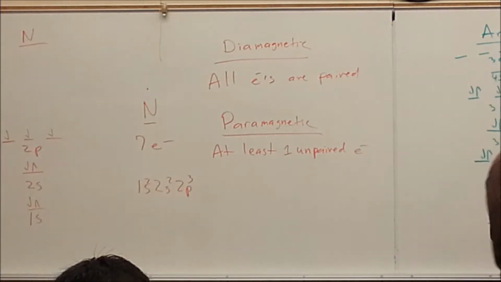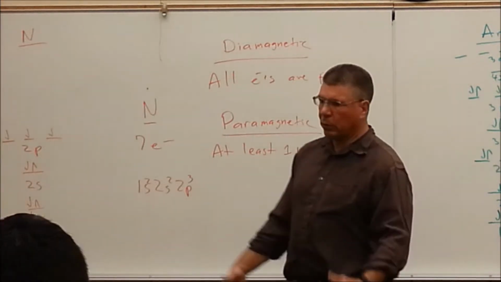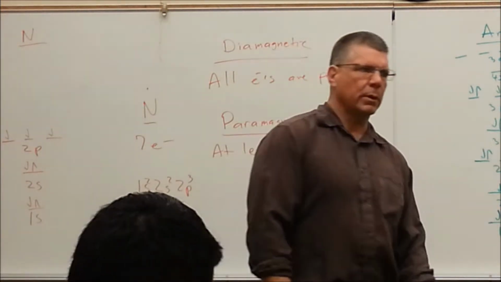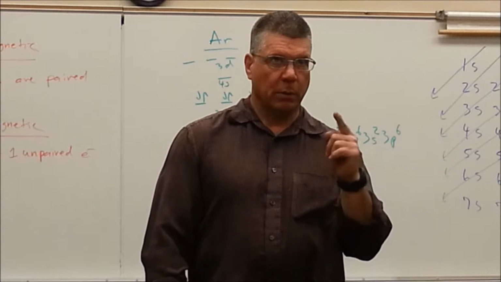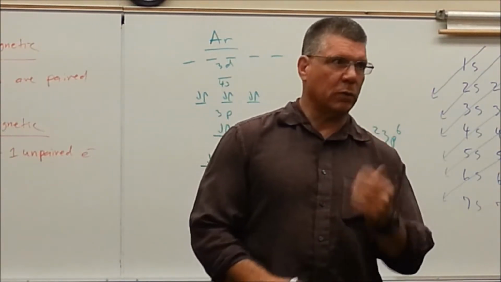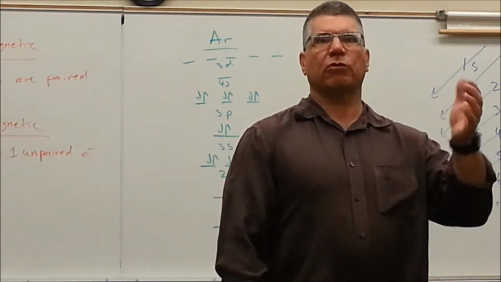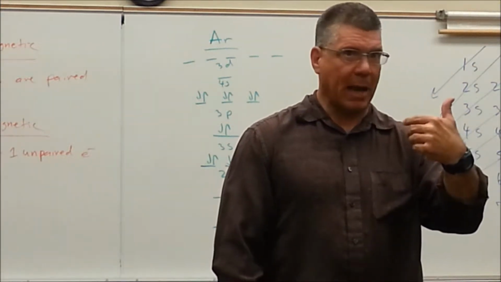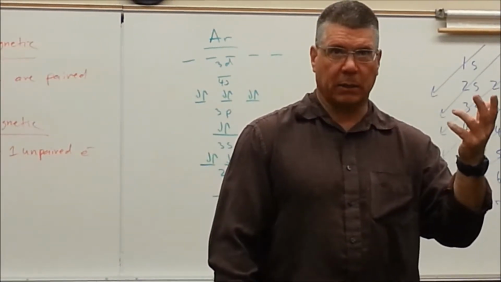So this tells us that a nitrogen atom would be paramagnetic. The result of an atom being paramagnetic is that there are one or more unpaired electrons. Remember when we were talking about the spin quantum number, I explained how an electron acts as if it's a negative charge that's spinning, and that creates a magnetic field perpendicular to its direction of spin, or it acts like a little magnet.